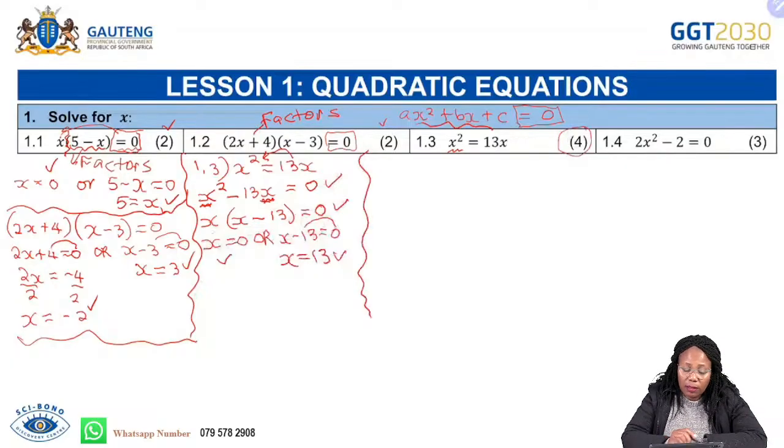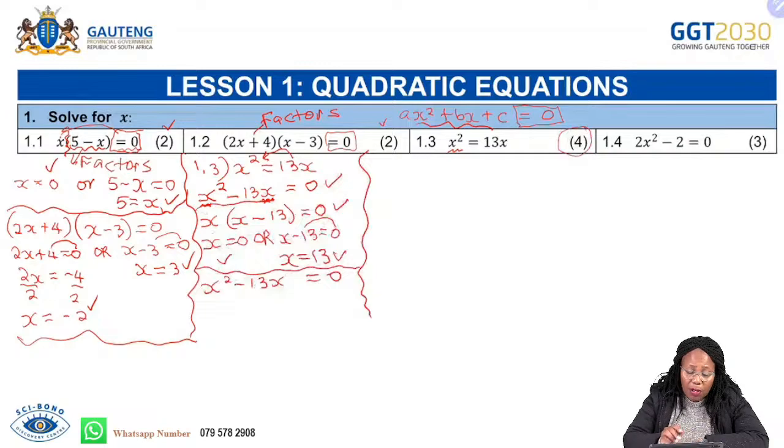Right. And then grade 12, you can also use your quadratic formula to solve. Remember, when you are at this stage of x squared minus 13x equal to 0, the value next to x squared is your a value. In this case, it's 1. Then a will be 1. And then the b value is the value that is next to x, then it's minus 13.